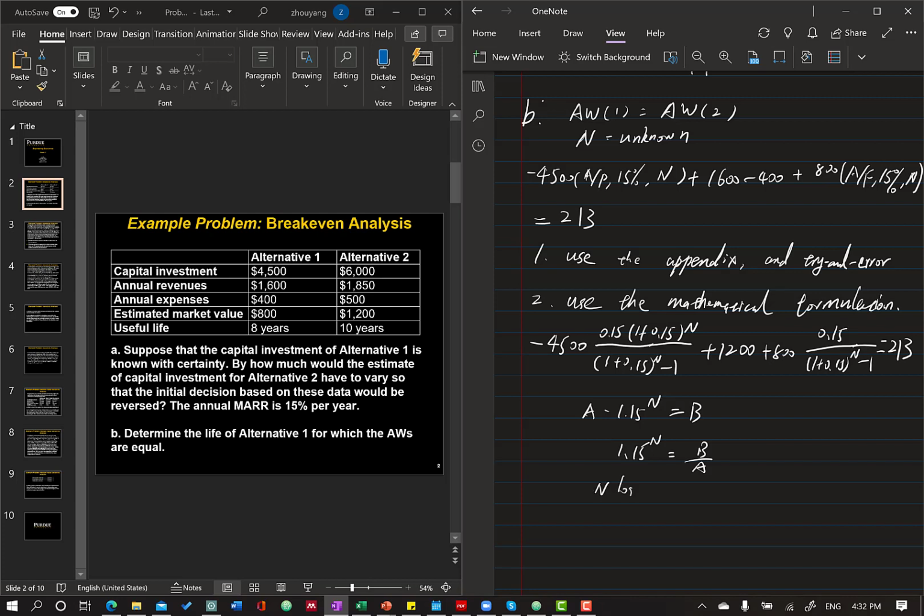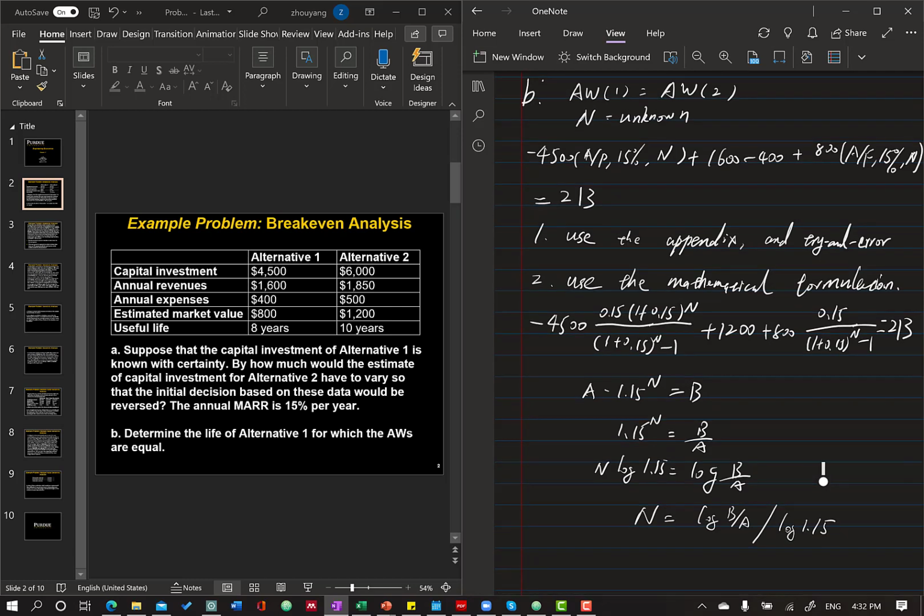We have n log 1.15 equals log of b divided by a, so n equals log of b divided by a, divided by log 1.15. I don't write out the specific numbers for b and a, but you should get these numbers very easily yourself. And this n will be probably around 7.3 years. And we are done for problem B.